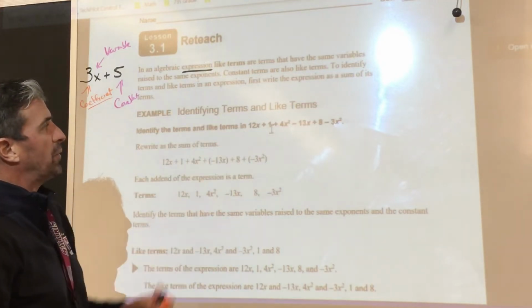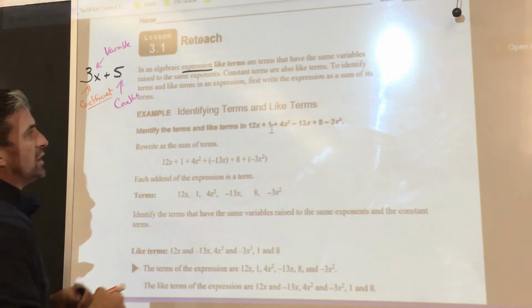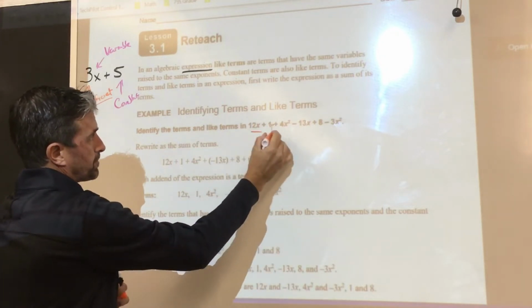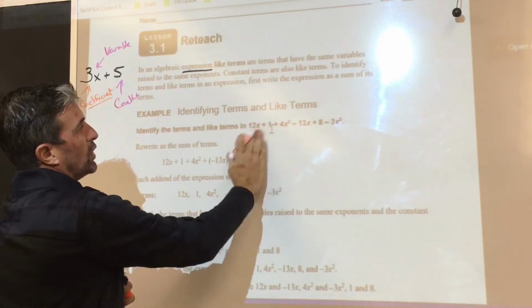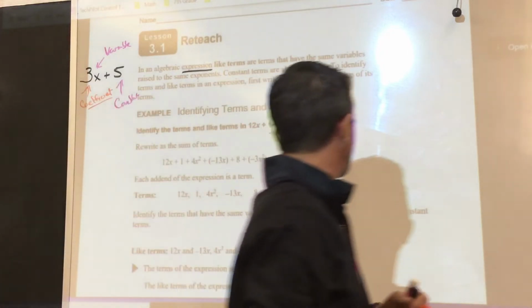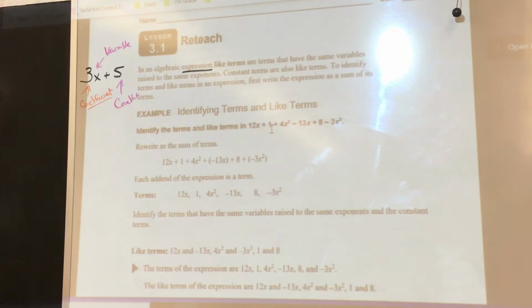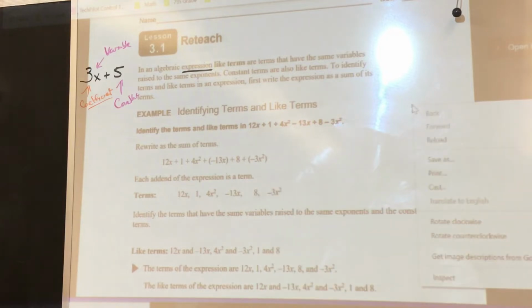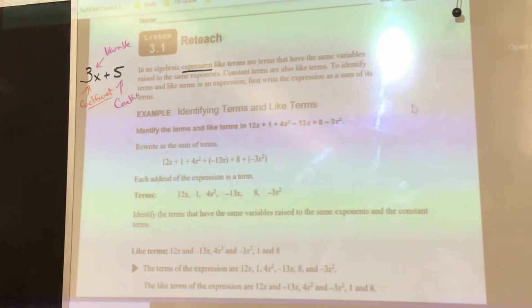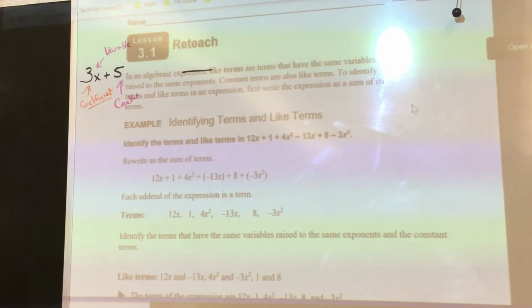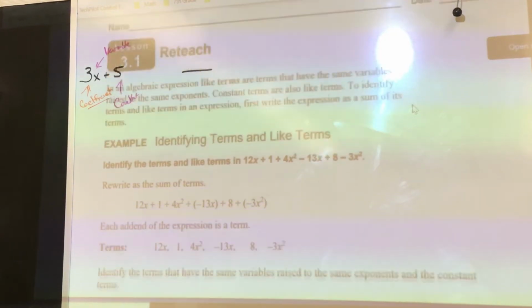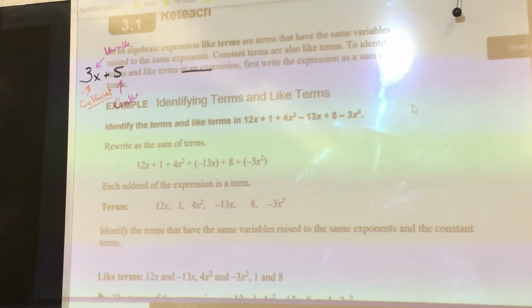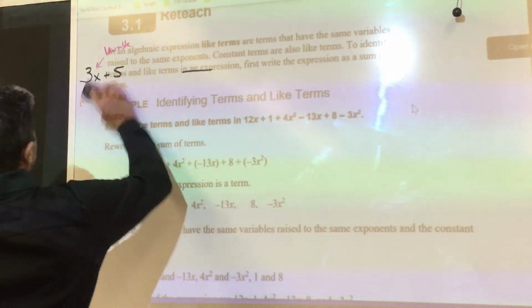In this first example in front of you, you have 12x plus 1 plus 4x squared plus negative 13x plus 8 and then plus 3x. I'm going to erase this up here.